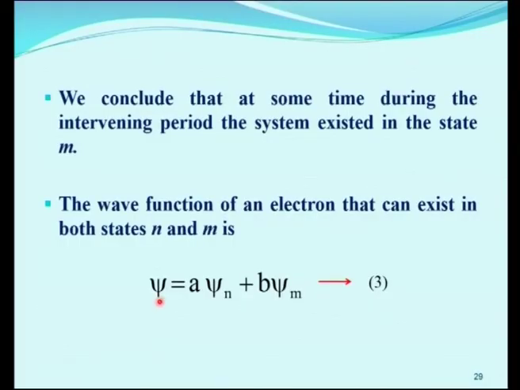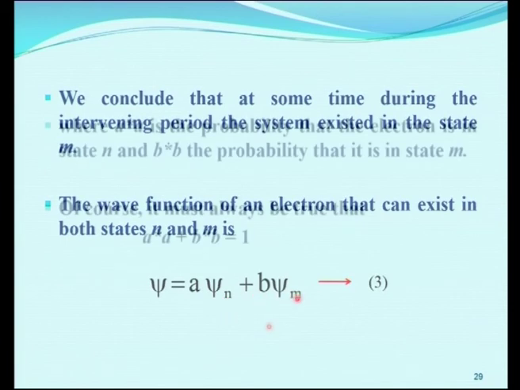We conclude that at some time during the intervening period the system was excited to the state m, so the wave function of the electron can exist in both state n and state m, that is psi = a psi n + b psi m, because n represents the ground state energy and m represents the excited state energy.